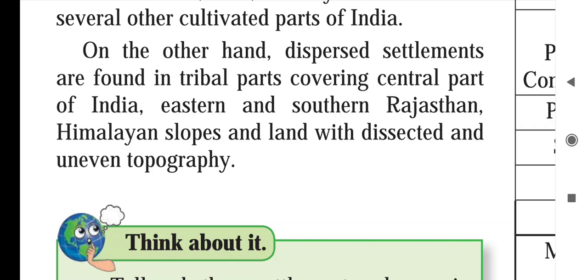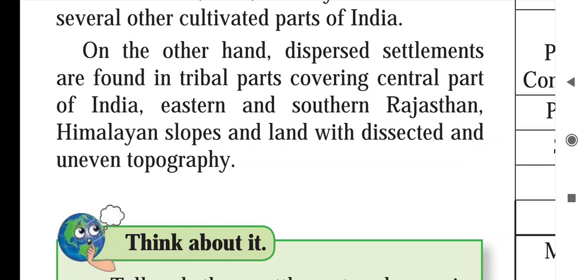Suppose in hilly regions you find some flat place, people will build their houses and live there. And again, up and down land is there, so people will leave that place, and again they will go to some other place where they will find the flat plateau, flat land.